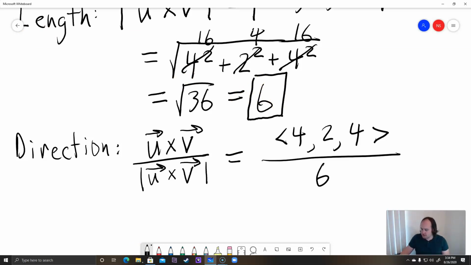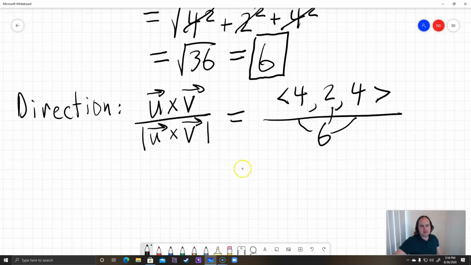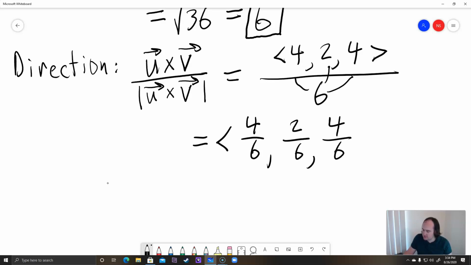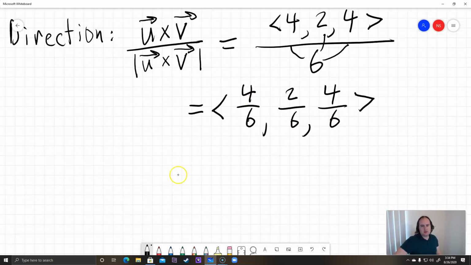Okay, so we basically just distribute the 6 to each denominator. So what's that going to give us? Well, for our vector, we're going to have 4 over 6, comma, 2 over 6, comma, 4 over 6. And then in lowest terms, we can divide each of these on the top and the bottom by 2.